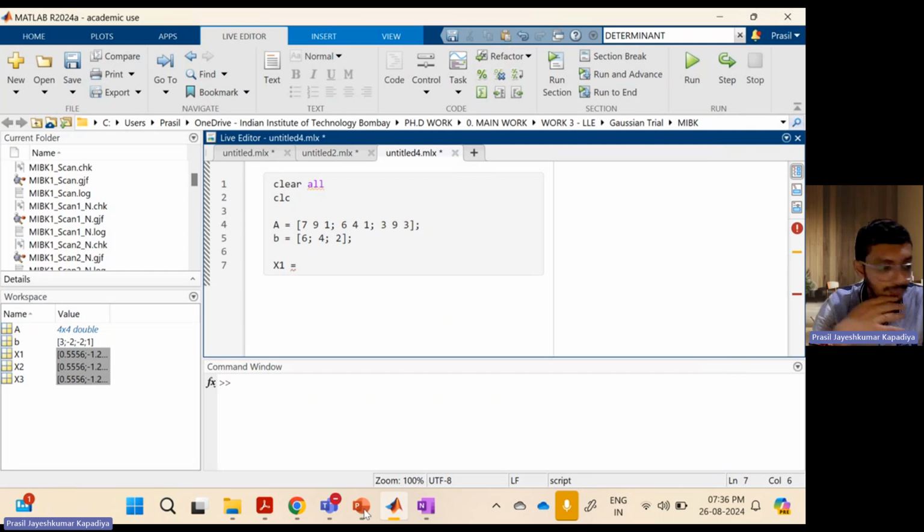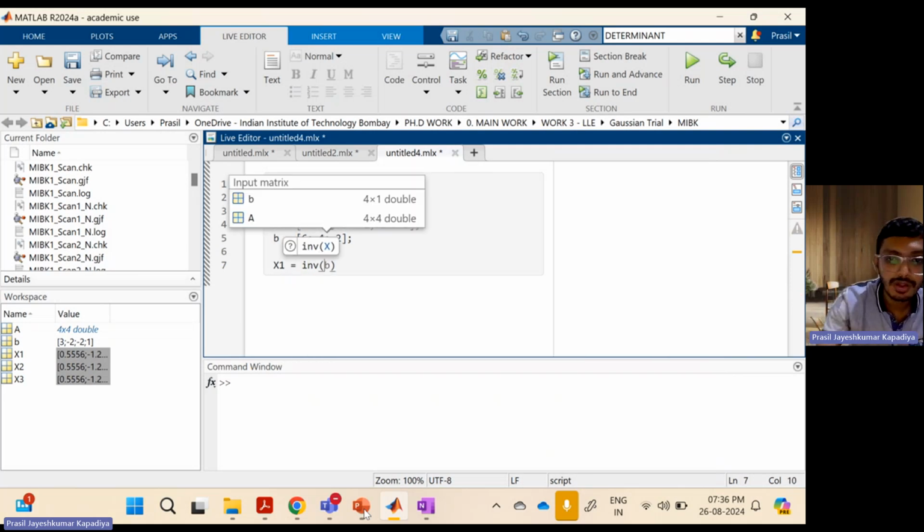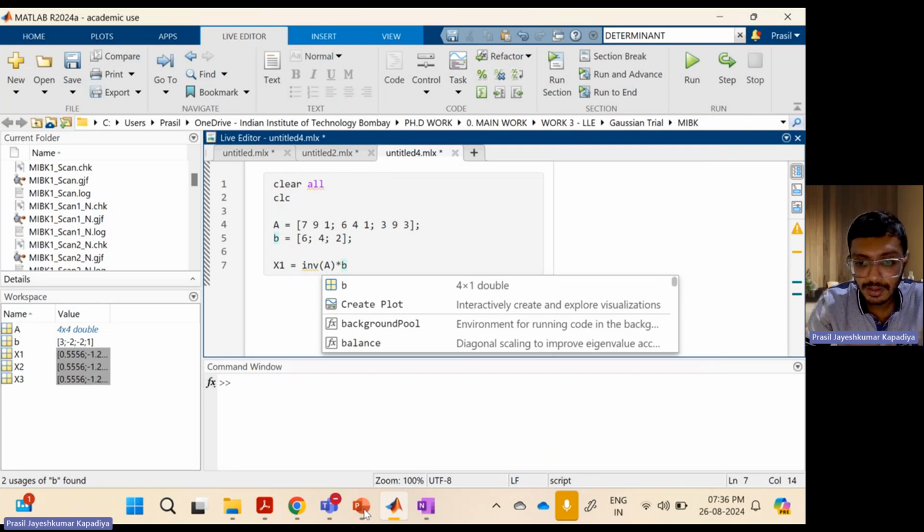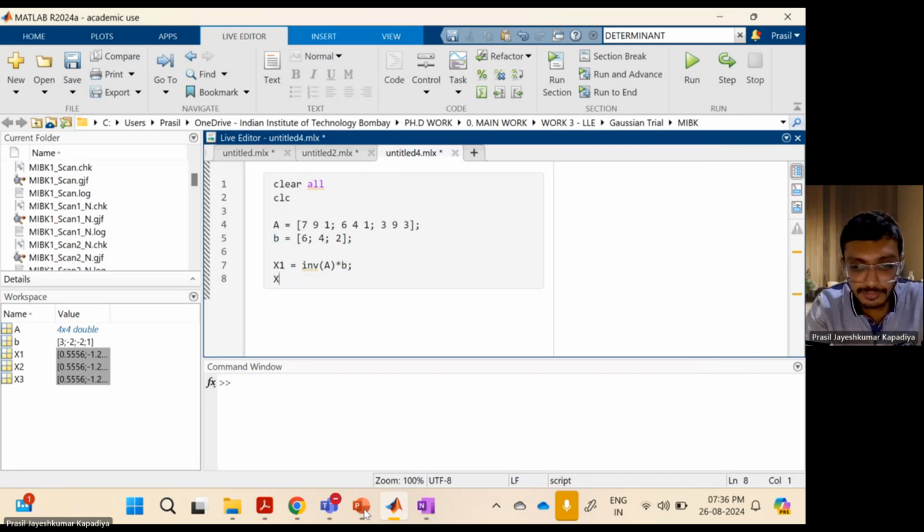So let's solve the same way, using all three commands. x1 is equal to inverse of A into B, A backslash B, and let's use linsolve.